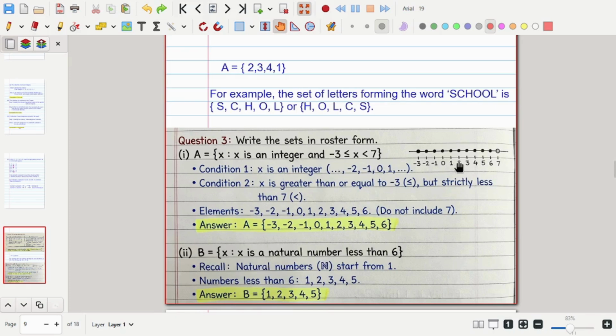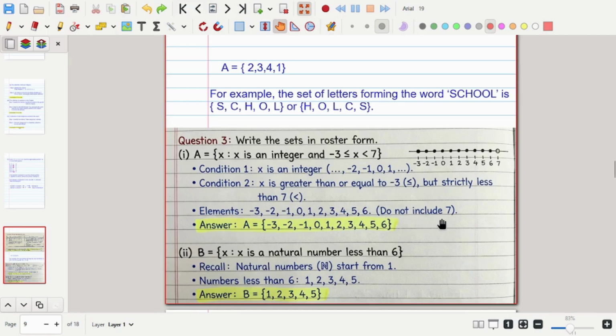So draw the number line from minus 3 to 7. We will include the integers: minus 3, because x is equal to minus 3, then minus 2, minus 1, 0, 1, 2, 3, 4, 5 and 6.